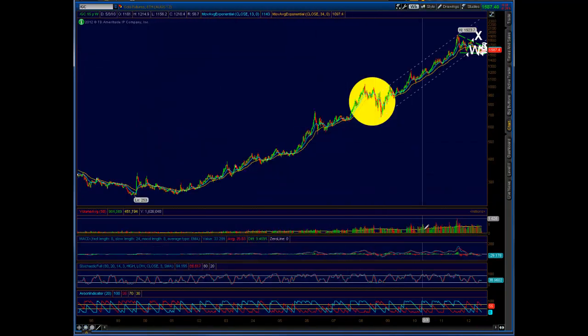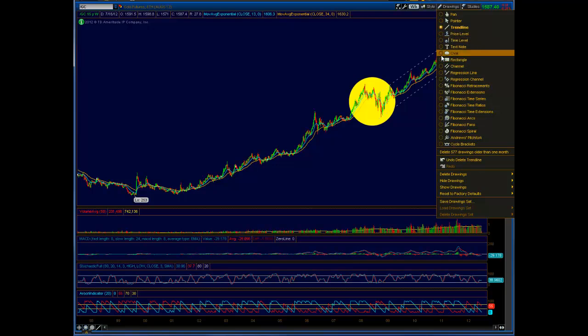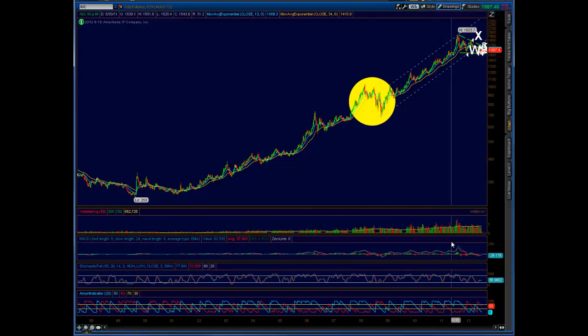Let's also look at this real quick, because we haven't really seen any bearish divergence from the MACD. You see the highs of the MACD moving averages with the highs in price. That tells me right there that we are still on a move higher. We're going to go on a move higher.